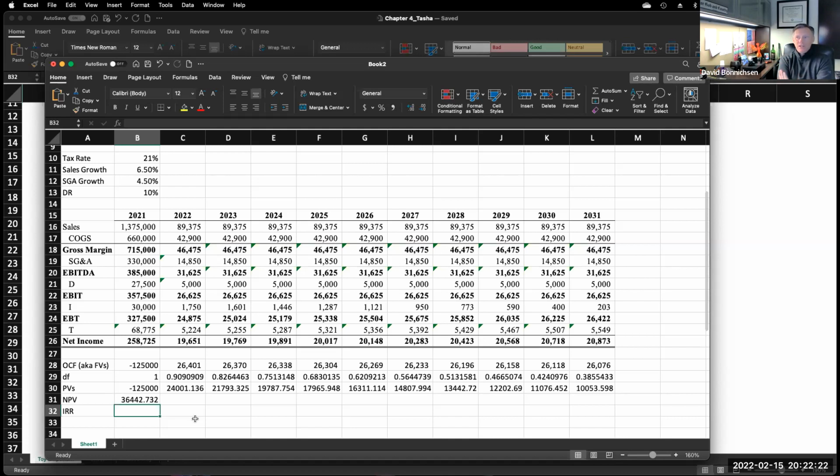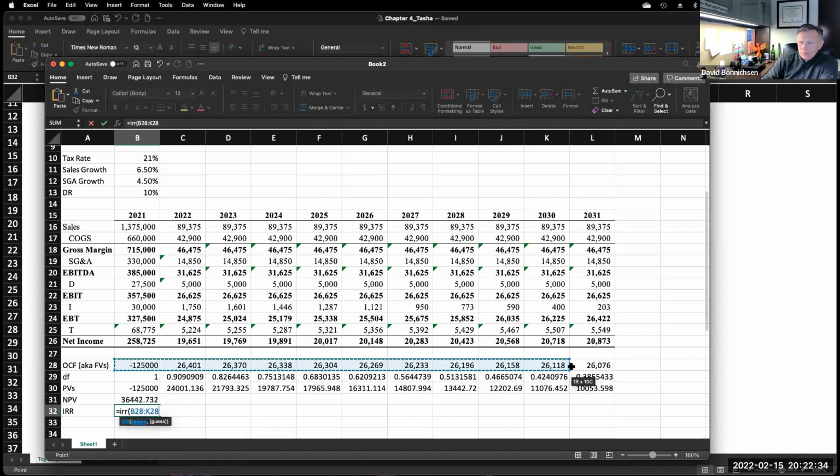So Excel can do this for you by simply typing in equals IRR, and choosing your undiscounted future values. Using these undiscounted future values and the IRR function, Excel is going to come back and say, this is the discount rate that would force the net present value to be zero.